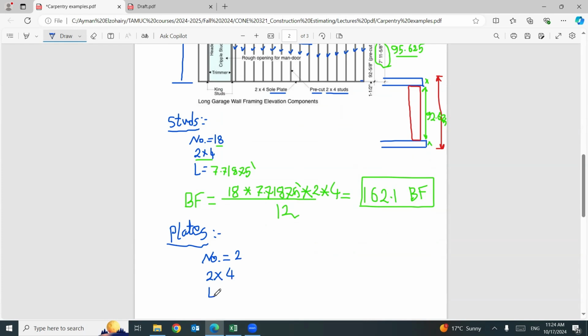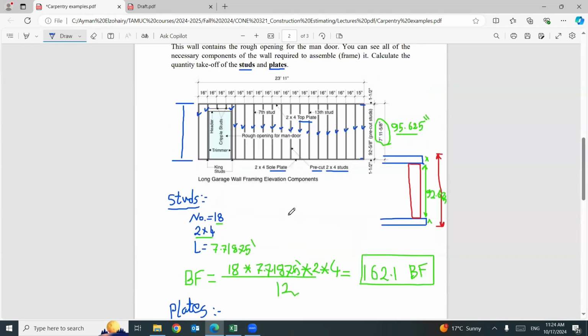What is the length of each piece? You can find it from the dimension. The dimension is given: 23 feet 11 inch. That means it's 23.917 feet.